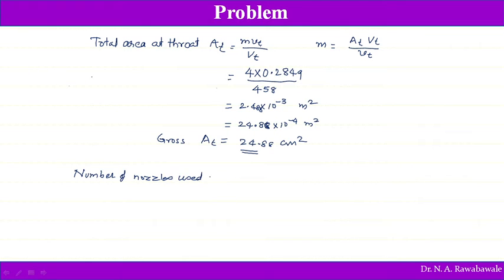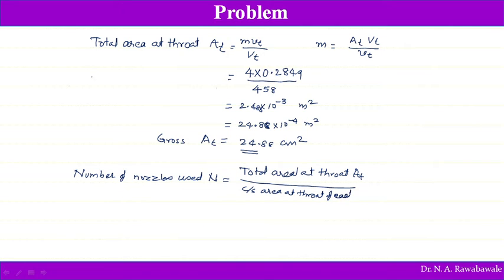Here the number of nozzles used, n, is nothing but total or gross area at throat AT divided by cross sectional area at throat of each nozzle, assuming all nozzles are of same size.